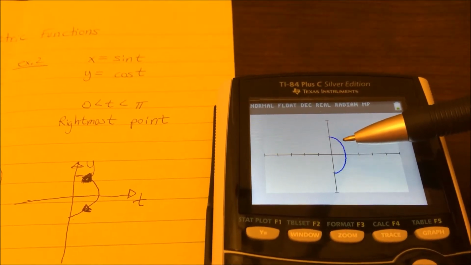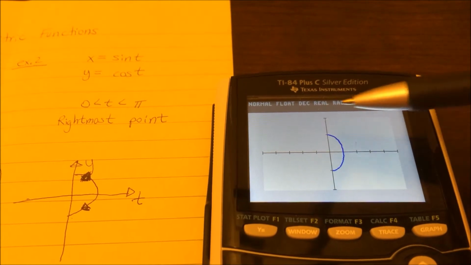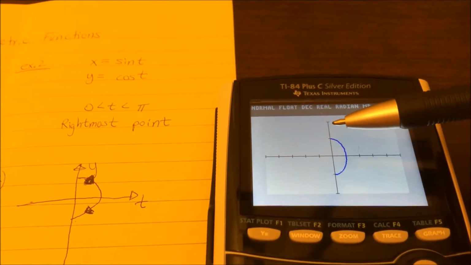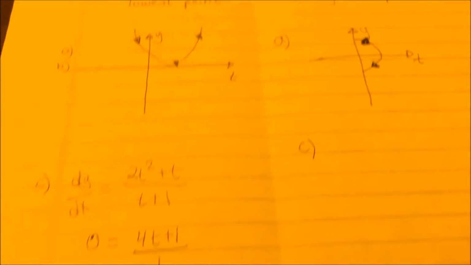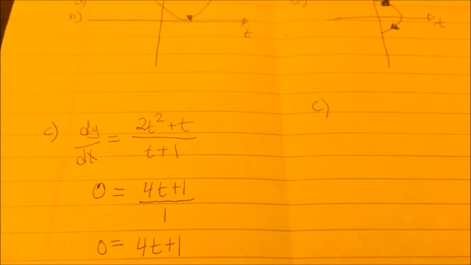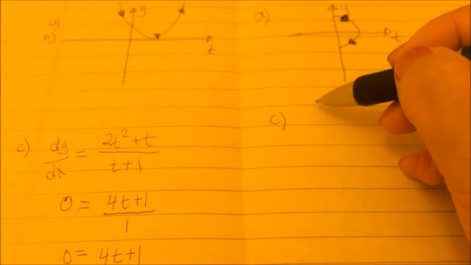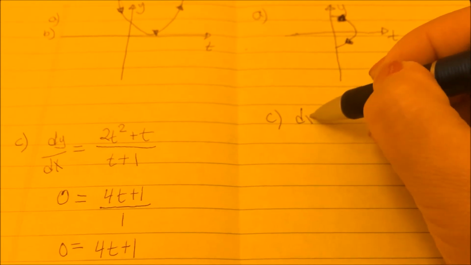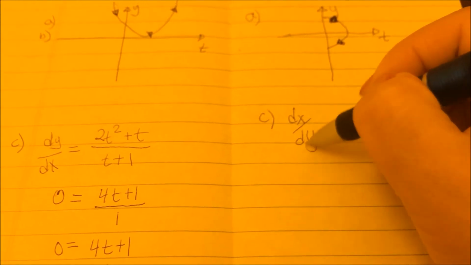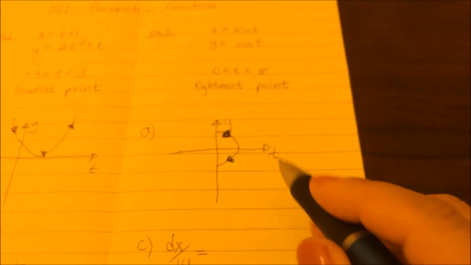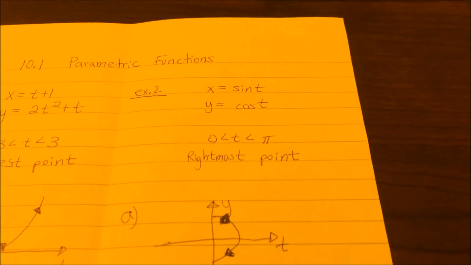Okay, well, we could always change the equation. Remember when we do volume and we rotate it around the x-axis and the y-axis, we change the variables? Well, same thing with this one. With this right here, I did dy over dx. So if I'm going right to left, I probably want to go dx over dy instead. All right, so let's do that. So then if I put in the dx equation, dx is now sine t.